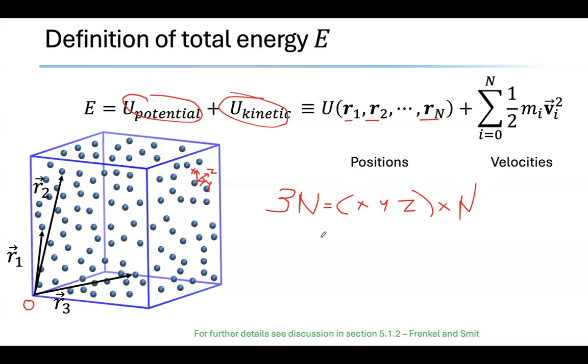Now, let us say that I'm doing a simulation where I want to fix the energy of the system. If you want to fix the energy of the system, then what it means is that you have to somehow put a bound on the potential energy of the system.